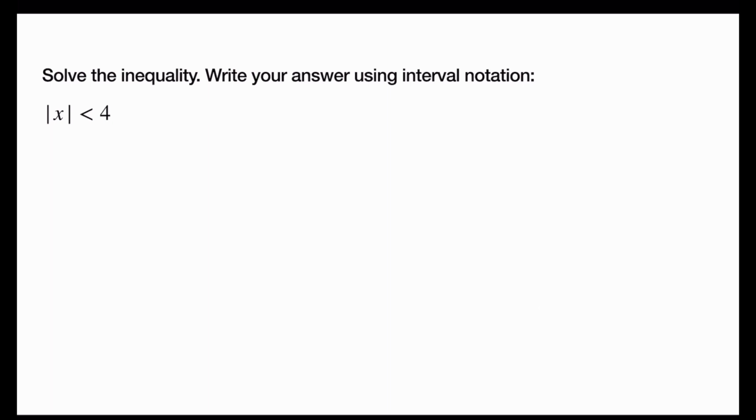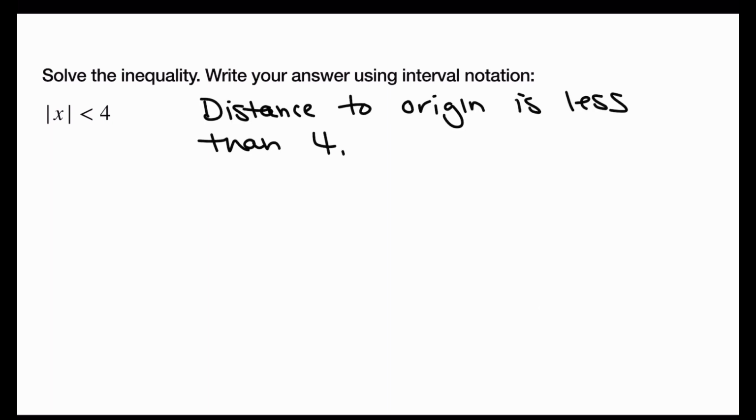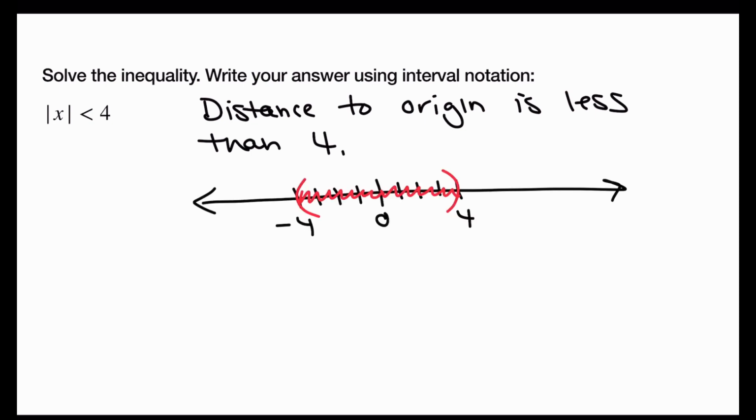So what if we change this to a less than symbol? What are the points that have a distance to the origin that is less than 4? Well, now we're talking about the middle of the number line. All points that are less than 4 units from the middle would be everything from -4 to +4.